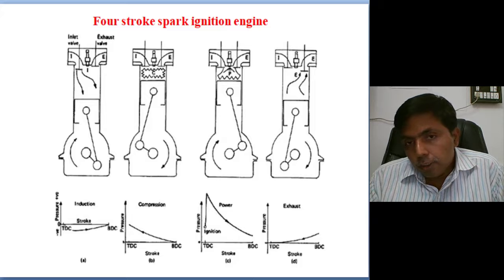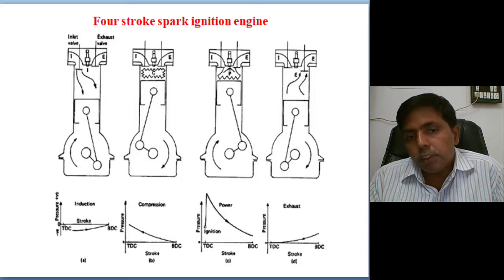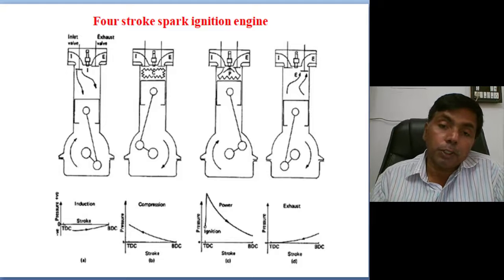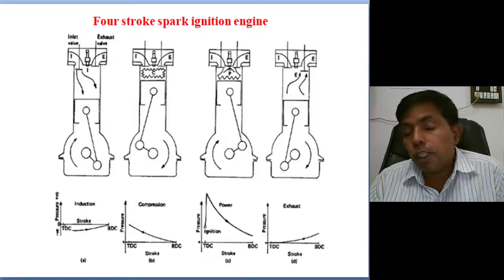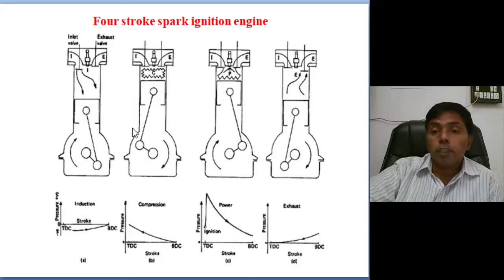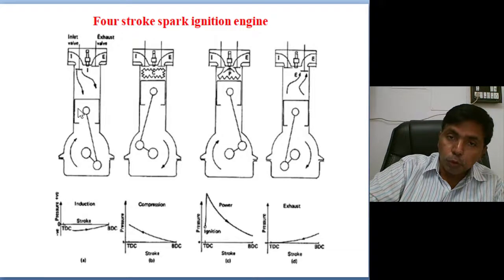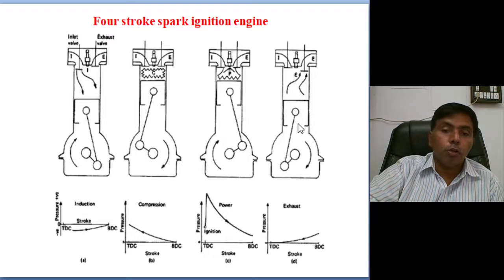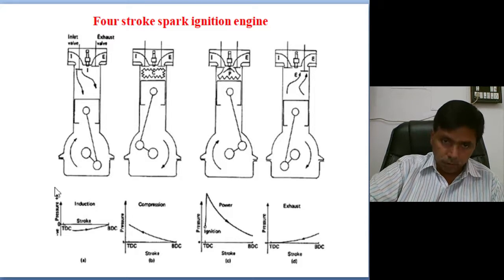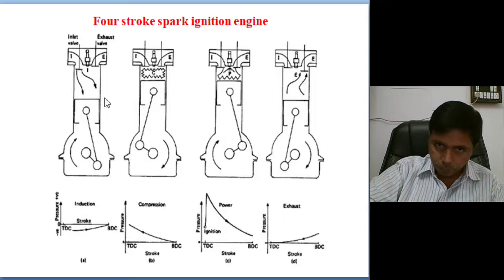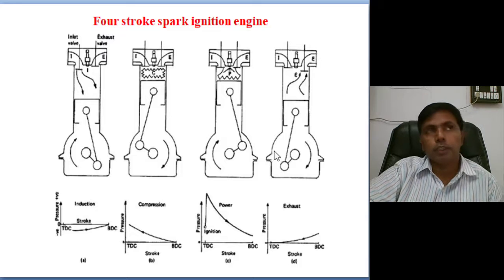In the 4-stroke spark ignition engine, we want to complete the 5 operations in 4 movements of the piston. Whenever an examination asks a question, you have to visualize the 4-stroke conditions, the piston movements, in a PV diagram or TS diagram, and the stroke structure also.